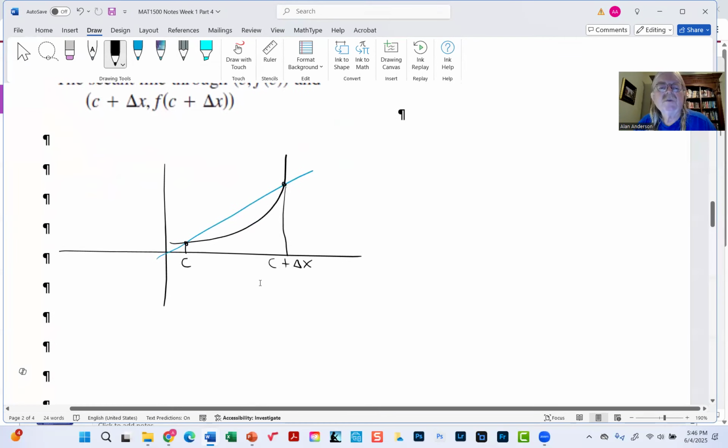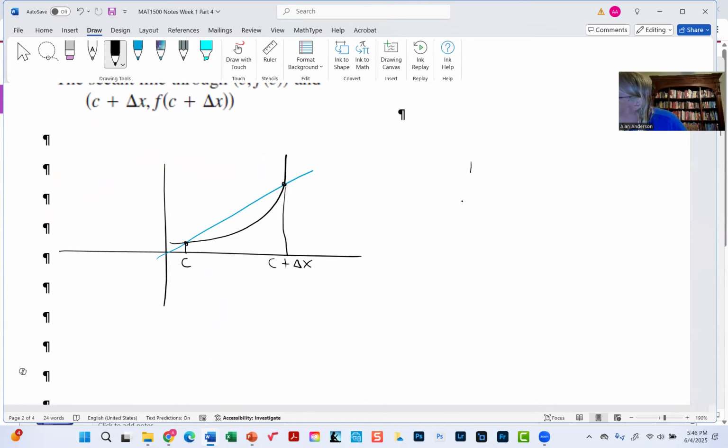If I were to reduce the size of delta x with the same function, say now I've got c, and let's say I'm here at that c plus delta x.